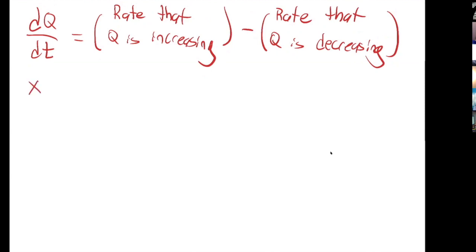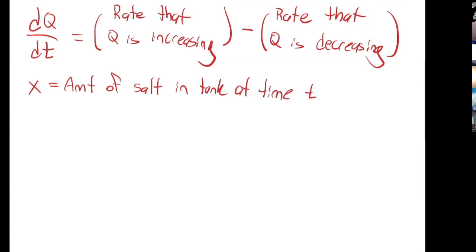So here, I don't think we're given any other letter, so we'll let X equal the amount of salt in the tank. We're going to measure X in kilograms, so that's the mass of the salt in the tank. T is going to be the time since solution started flowing in.